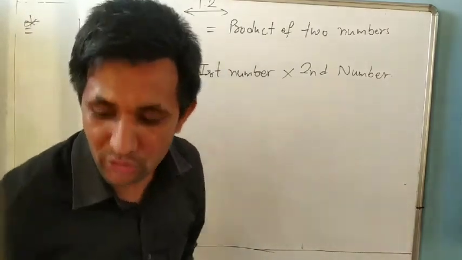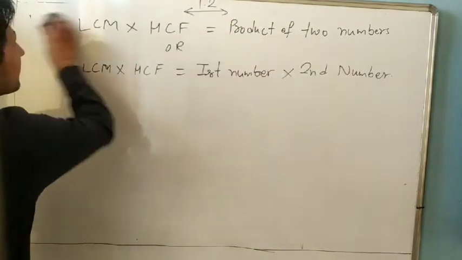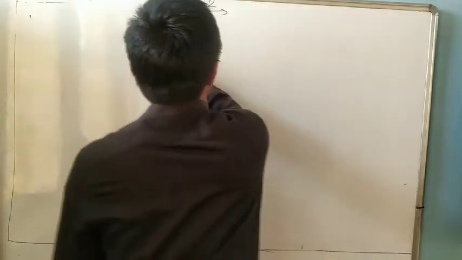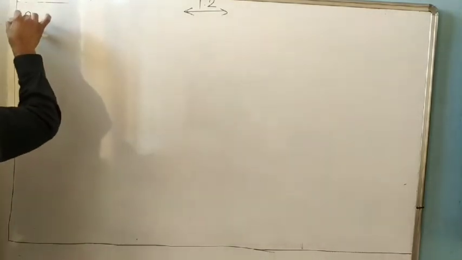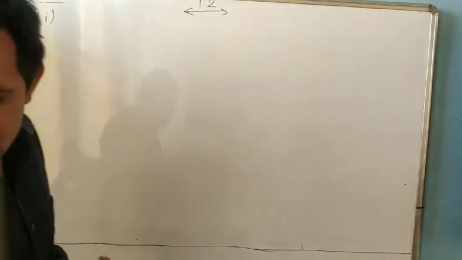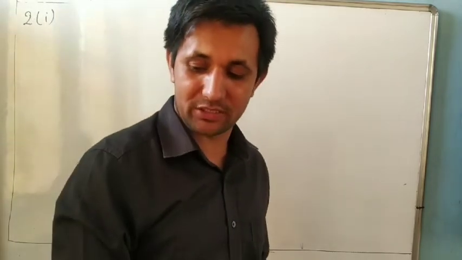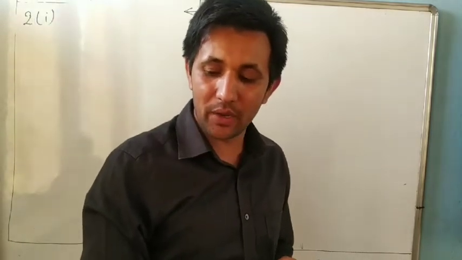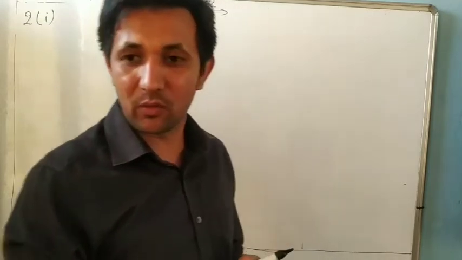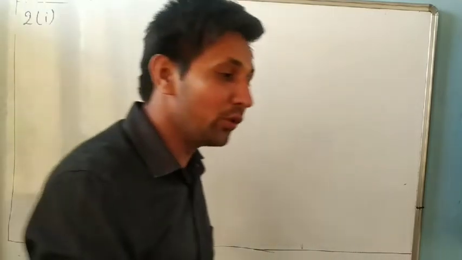Okay. So now question number 2. Find the LCM and HCF of the following pairs of integers and verify that LCM into HCF equals the product of the two numbers.